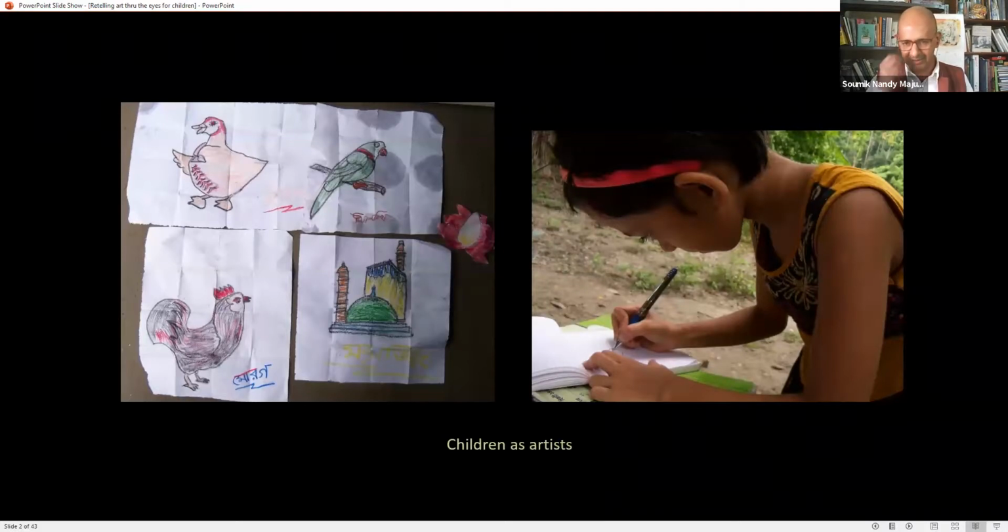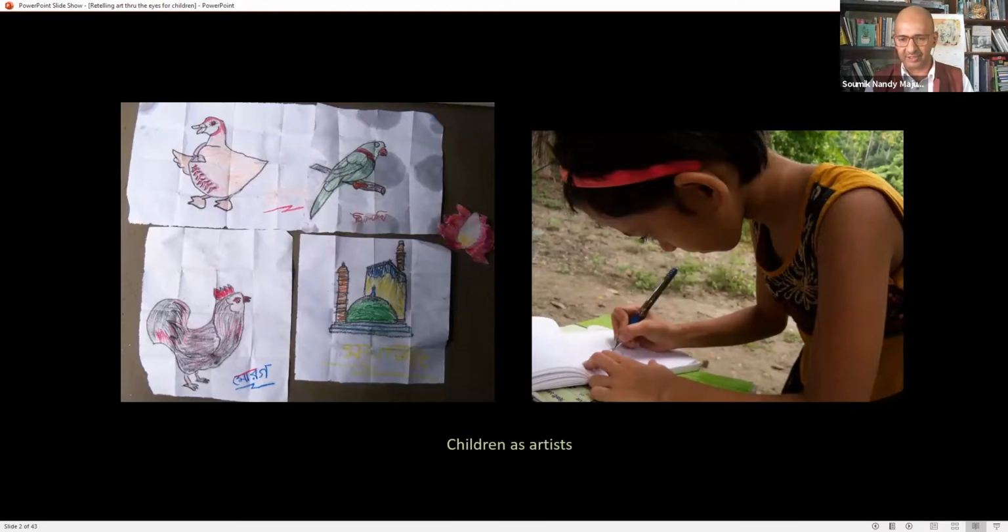For example, I just couldn't resist the temptation of sharing this wonderful experience of mine when I went to a very remote village in Bangladesh, in Khulna district, in Bagherhat. And there I came across this young girl. She was 6 years old, perhaps, and she did not really have any habit or opportunity to draw or paint.